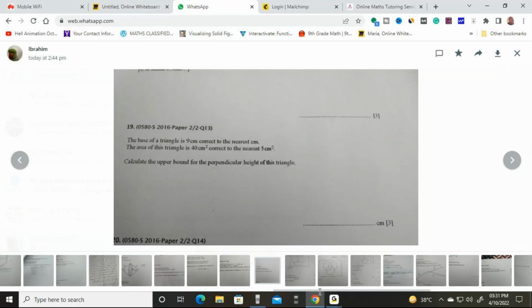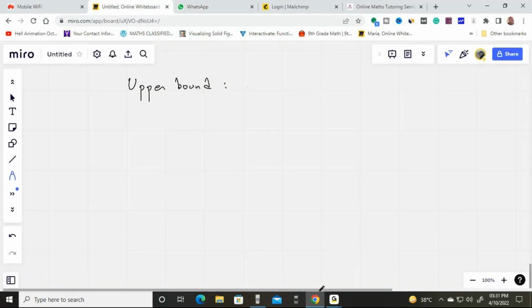That's how we follow. So upper bound is obtained by adding x with y by 2, and the lower bound is something that you obtain by subtracting y by 2 from x.